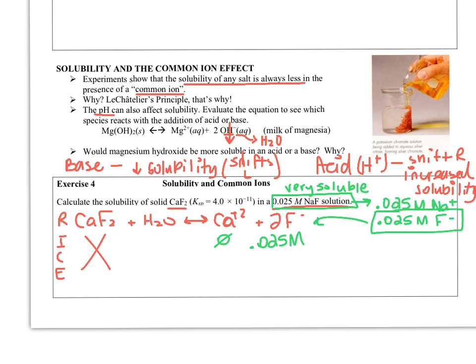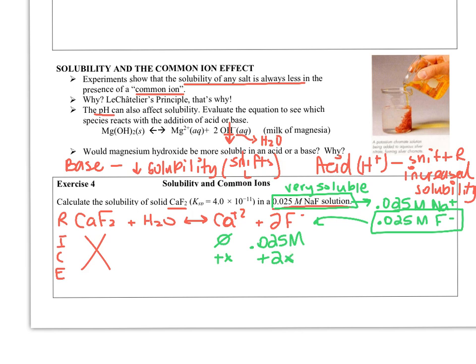You could calculate a Q from this if you wanted and see what it's going to do, but hopefully you realize that means that there's more fluorine. So that means I'm going to basically shift to the right less. Doesn't mean I'm not going to make any product. I'm just not going to see as much being made. So according to my RICE table, I would still see a plus X and plus 2X going on here.